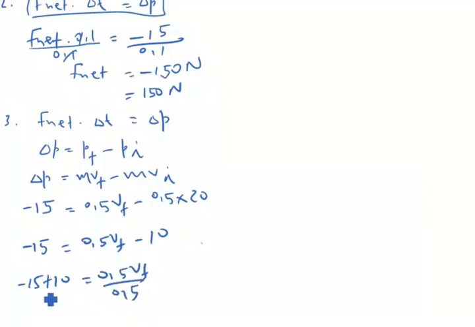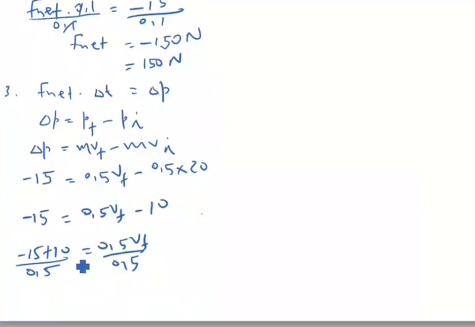Minus 15 plus 10 is minus 5. We have minus 5 divided by 0.5, which is equal to vf.